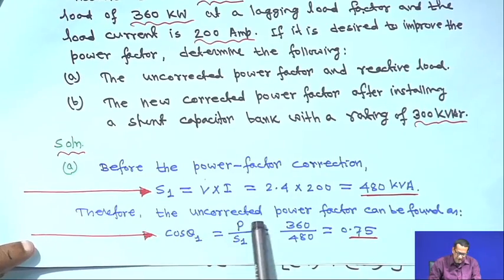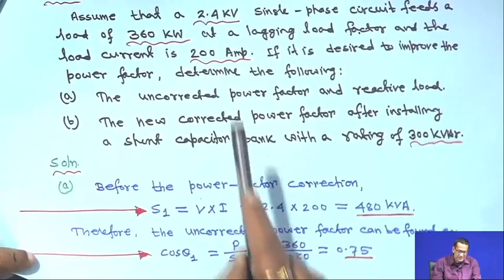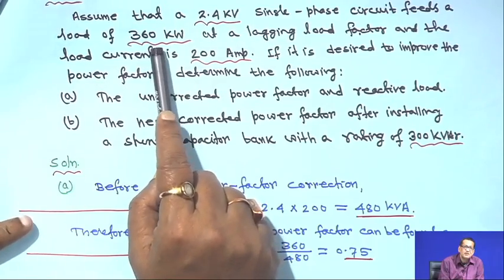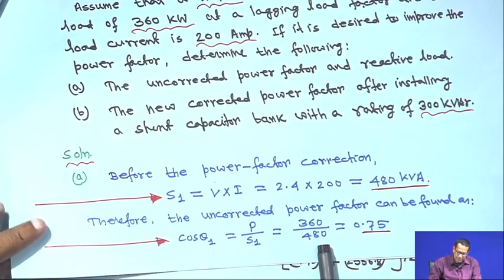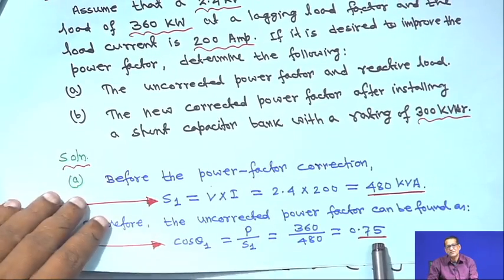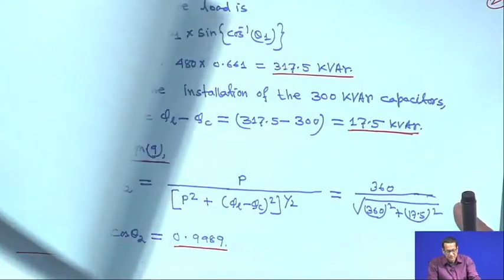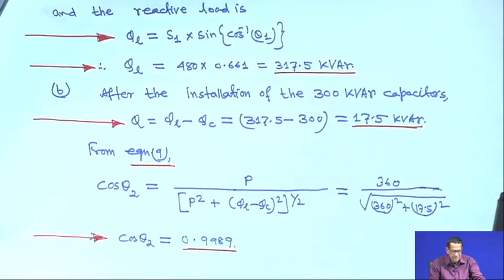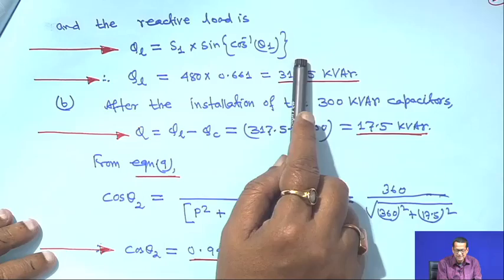Therefore, the uncorrected power factor cos theta will be P upon S1. This P is given as 360 kilowatt. Therefore, it is 360 upon 480. So, 0.75, right, power factor 0.75. And now the reactive load is S1 into sin theta 1, where cos theta 1 is 0.75.